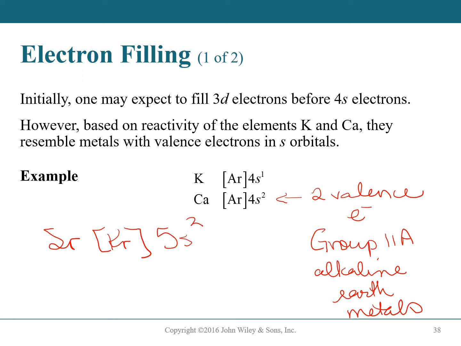If I said, what about magnesium? Magnesium's in row 3. And you would read your periodic table, the line above it at the very end is neon, and then you go to row 3 where magnesium is, and you find it's 3s2 in the second column. So all of these in the second column in group 2A, alkaline earth metals, have 2 valence electrons.